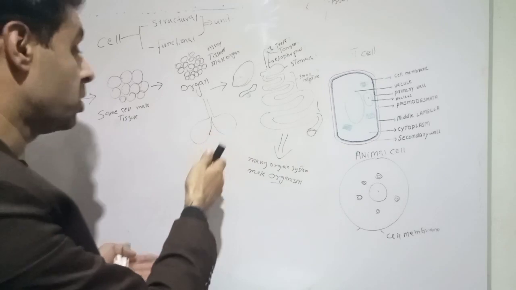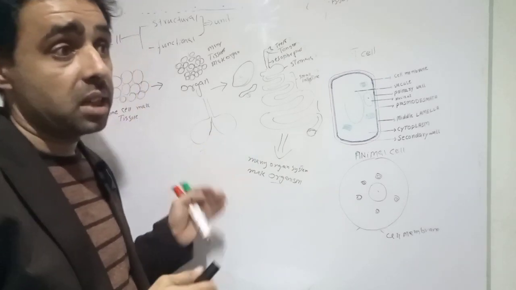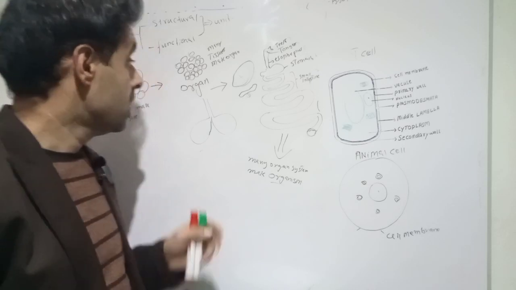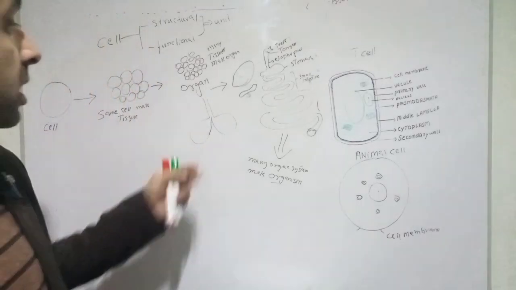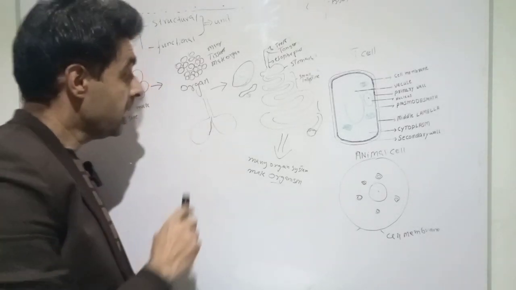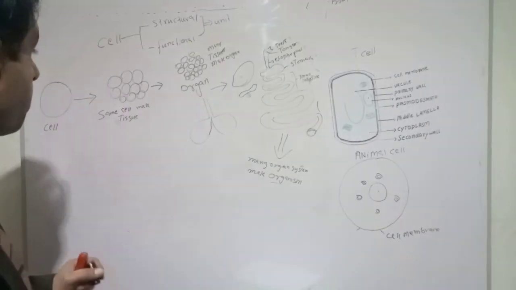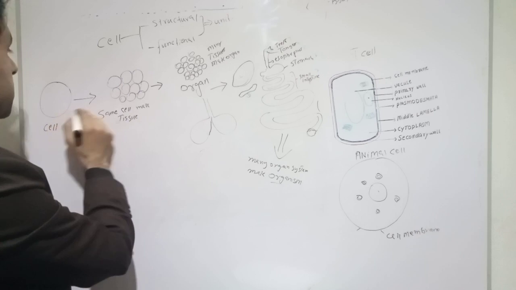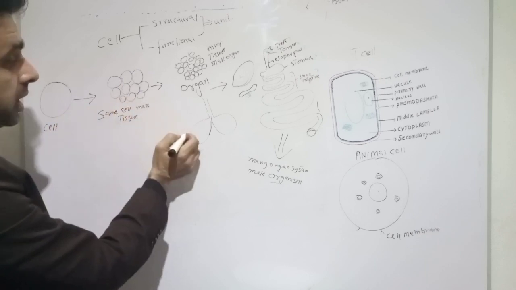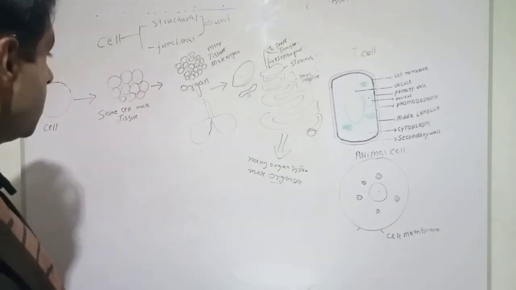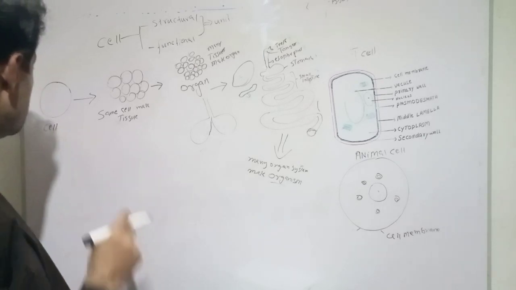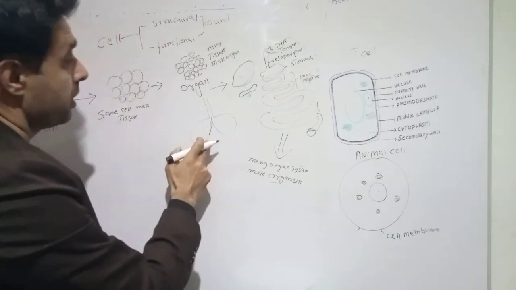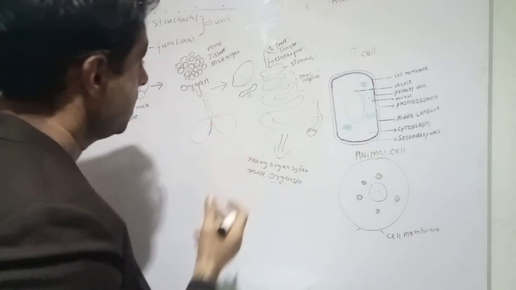Carbon dioxide goes back to the lungs, and lungs expel it out and inhale oxygen again. Now it's performing a function. Tissues make it. The cell makes tissue, tissue makes organ, and the organ is performing the function.